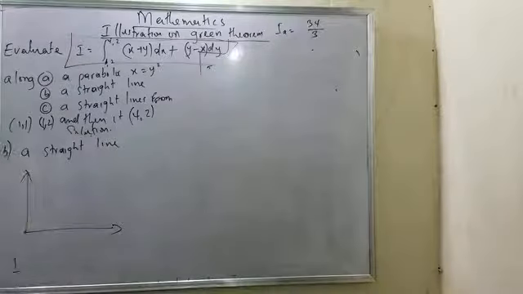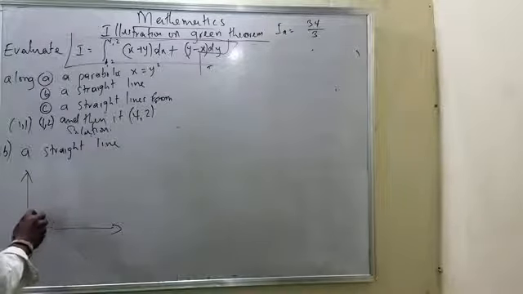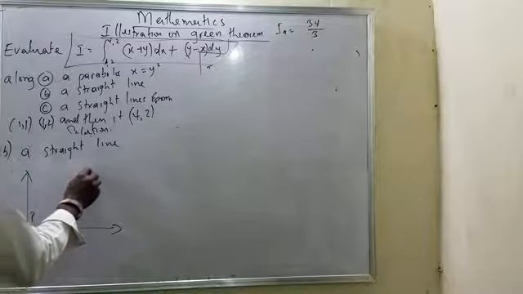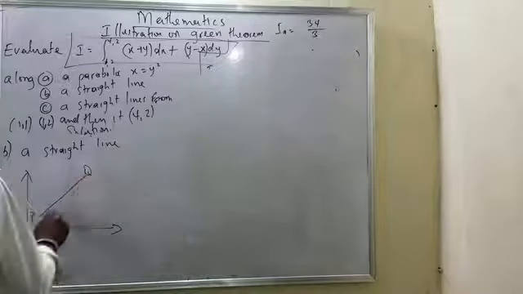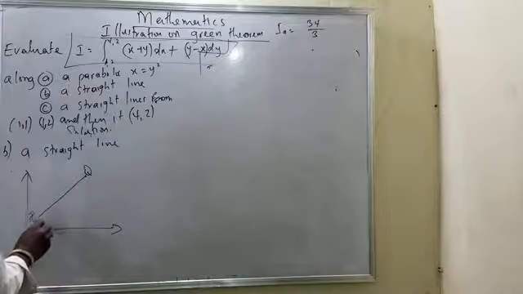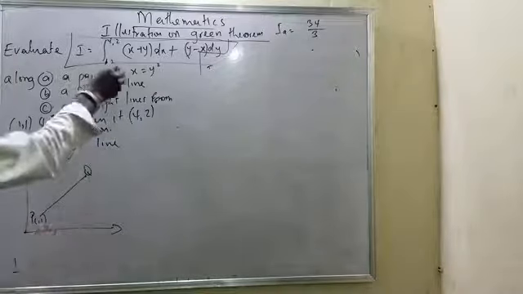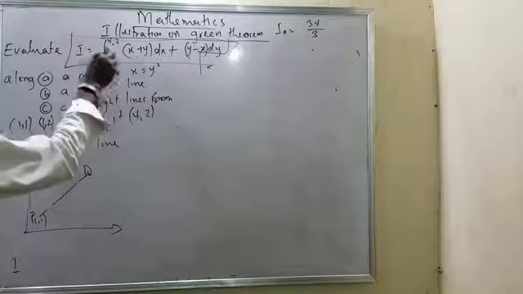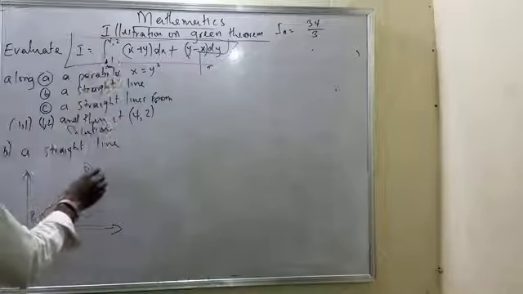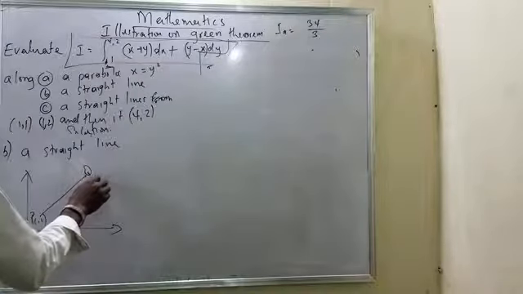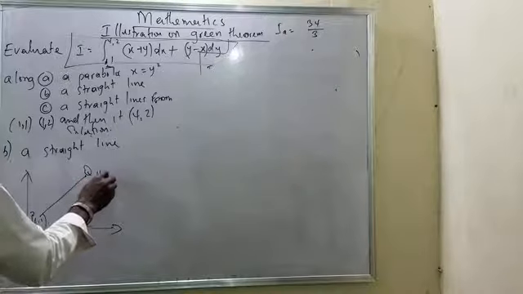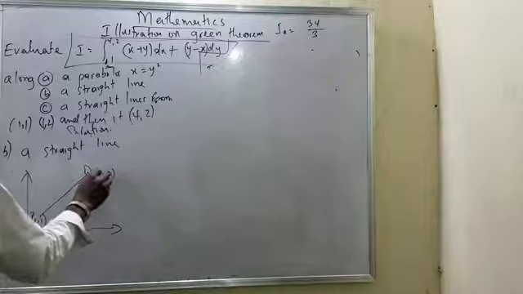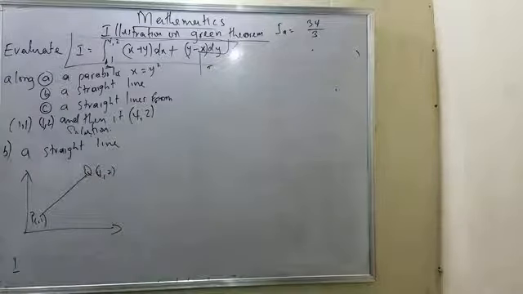Let me just call the points P and Q. It can be a straight line with points 1, 1 and 4, 2.